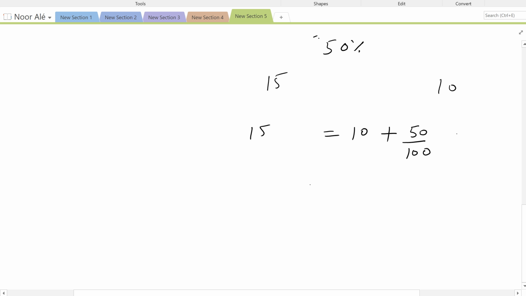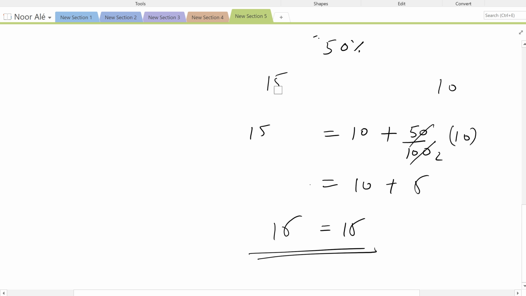So that number is 10. 15 is 50% more than 10, and more means 10 plus 50% of 10 equals that side, 15. So now we know that if you cancel it out, it's 2 and 5, and they're equal. So it makes perfect sense. That means 15 is 50% more than 10. And that's how we do it mathematically.